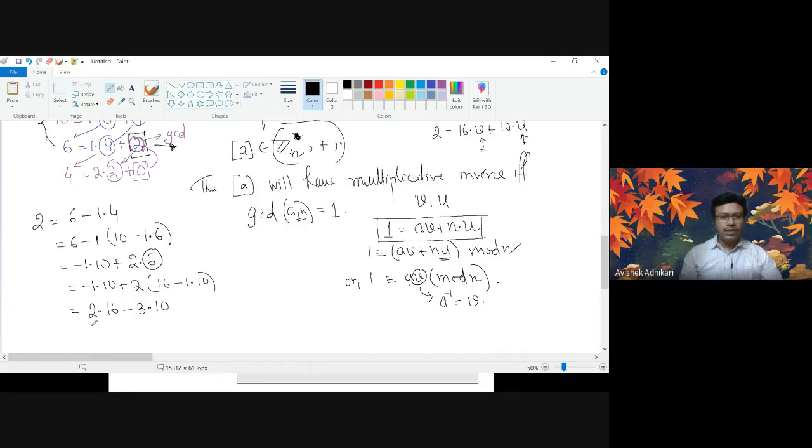So 16 was my A, 10 was my B, V was 2, and U you can write as minus 3. So your U is minus 3, V is 2. So you can write 2 in terms of this. Clear? This is nothing but the extended Euclid algorithm.